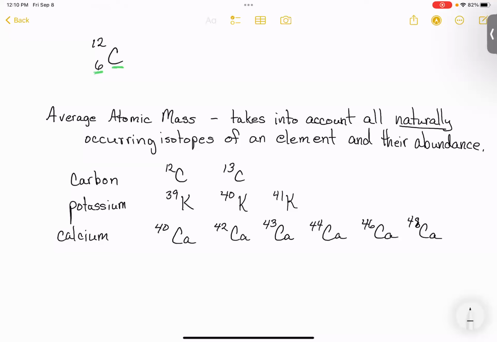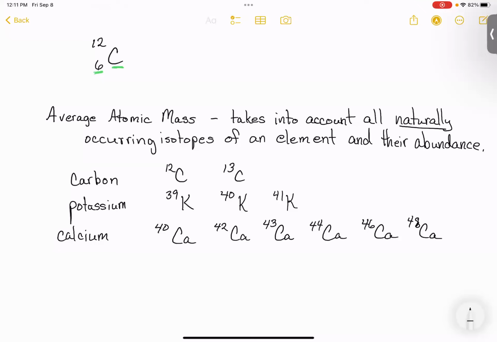Now, the other half of the story, though, is their abundance. Who here has had any type of chemistry? Okay, I've got a few. And so I am going to say this. High school teachers love to say that the mass number is on the periodic table.